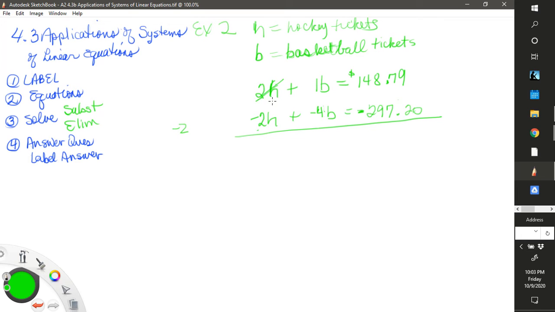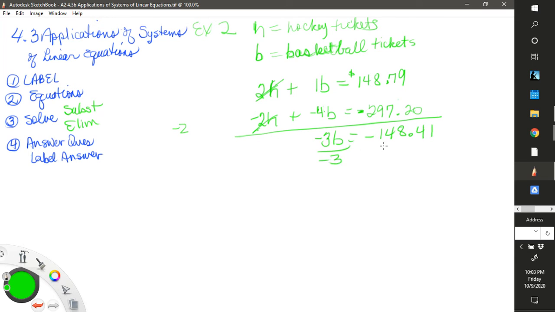All right, our h's cancel. -3b equals -297.20 plus 148.79 is positive. Gives me a -148.41.